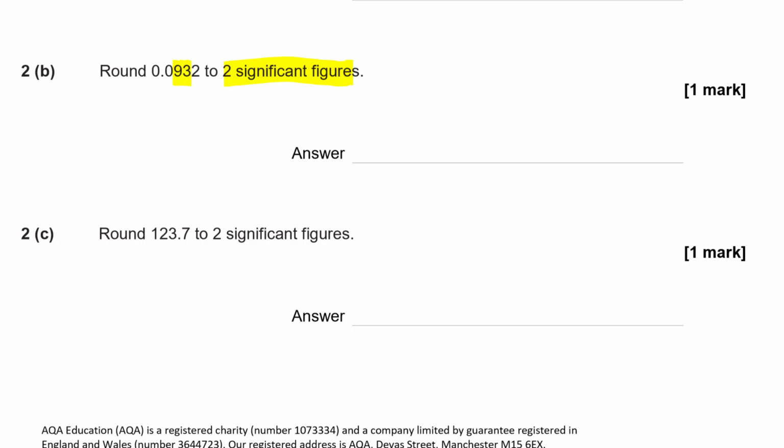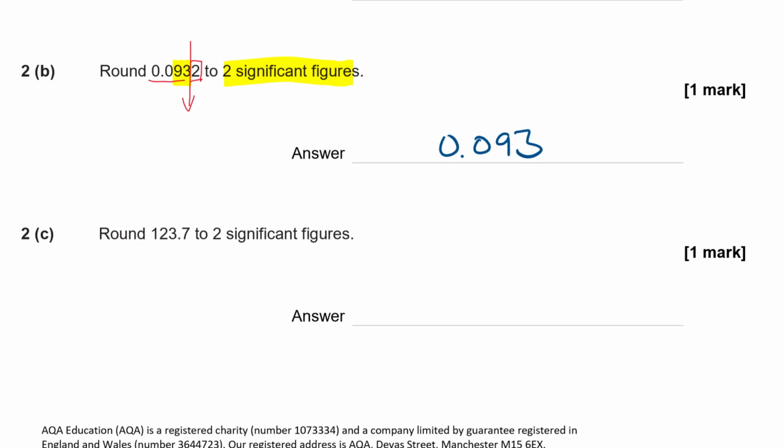So I'm going to put the round line in here. I'm going to look at the very next digit to decide whether or not I need to round up or down. This time, 4 or less, let it rest, it's going to round down. So I'm just going to write down that bit in front of the round mark exactly as it is. So if I let it rest, it's just the same digits written down. So 0.093.